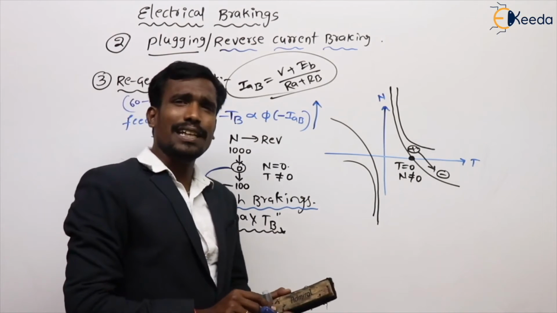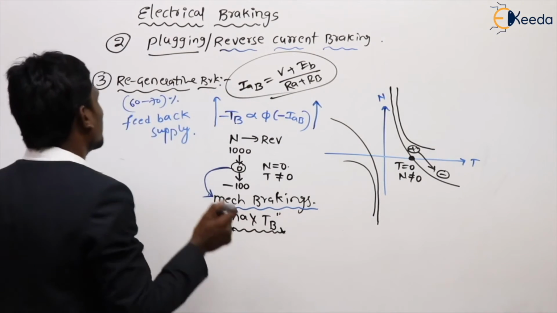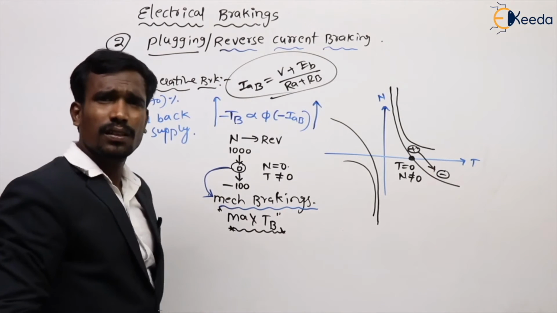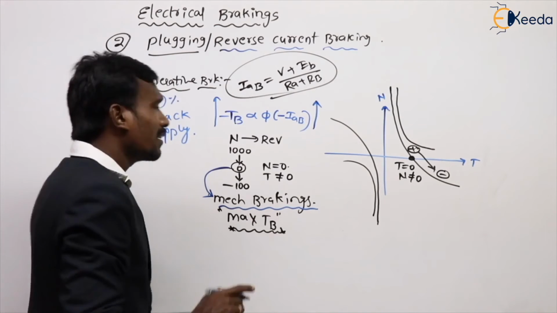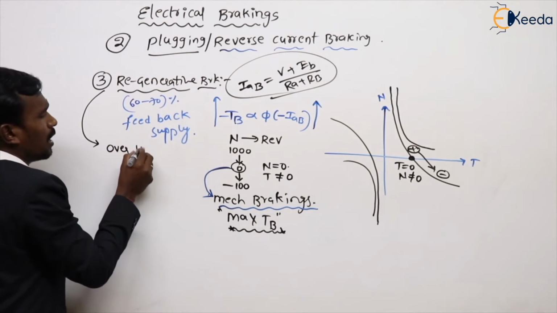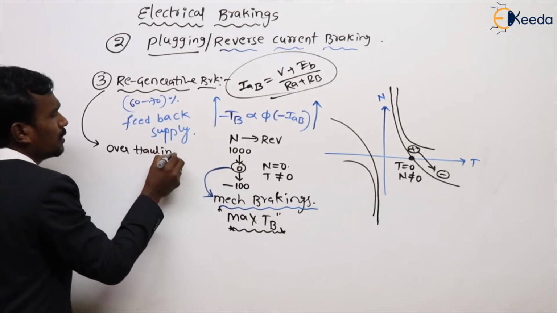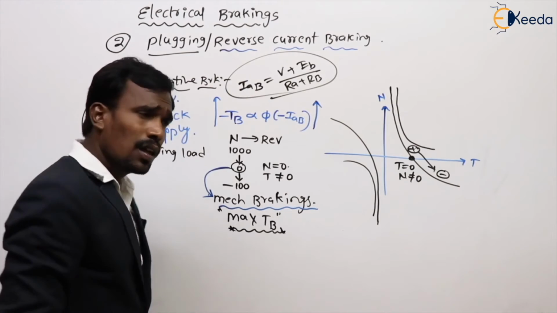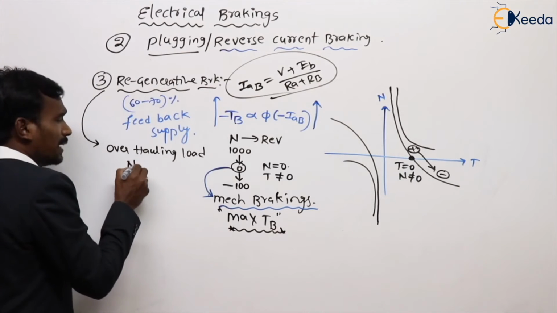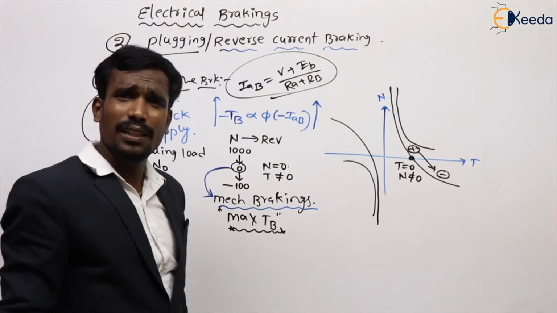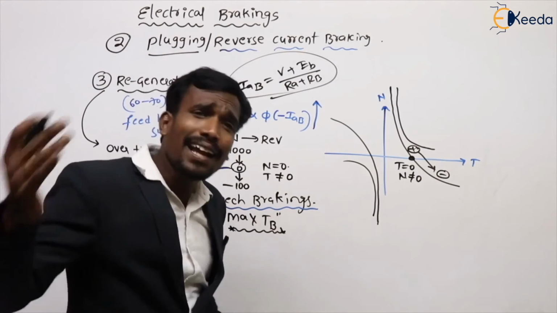Sir, how will it take place? Before that, what are the conditions to apply the regenerative braking? The conditions are, first one, it should operate at overhauling load. This is a must, first thing. Nothing but the speed of the motor is very much greater than the no load speed actually. The speed should be very high.